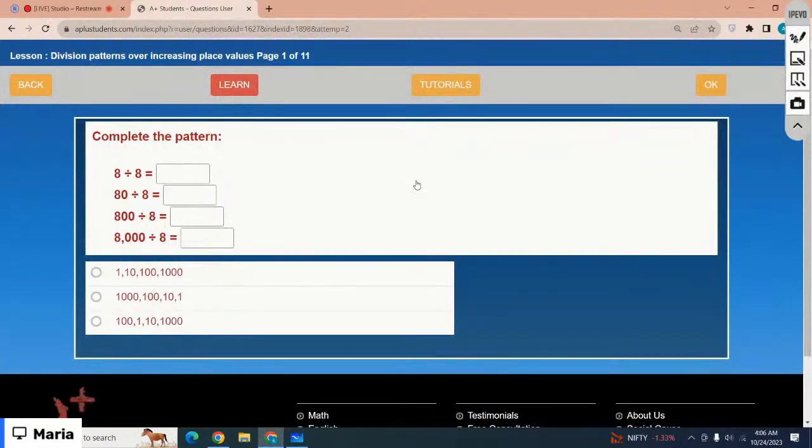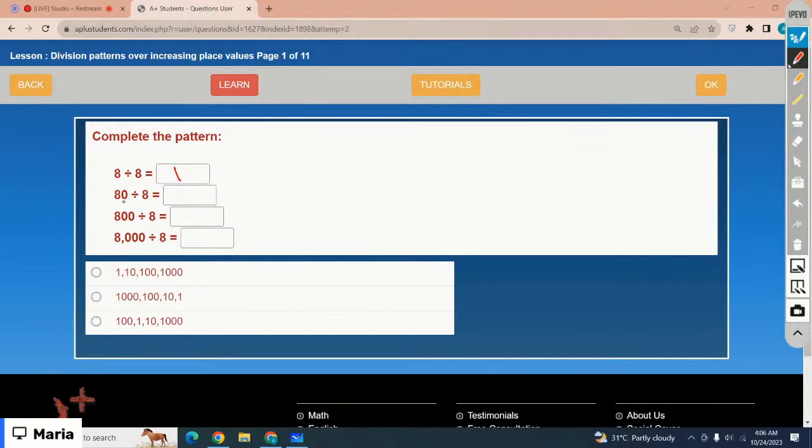Complete the pattern. 8 divided by 8 equals, 80 divided by 8, 800 divided by 8 and 8000 divided by 8. So which is the correct option? 8 divided by 8 is 1.